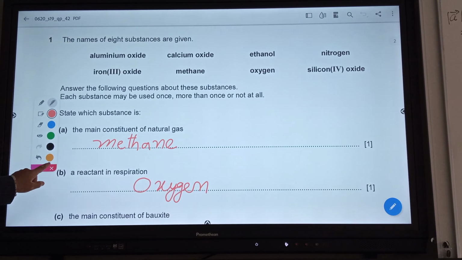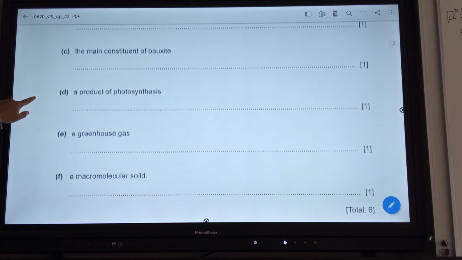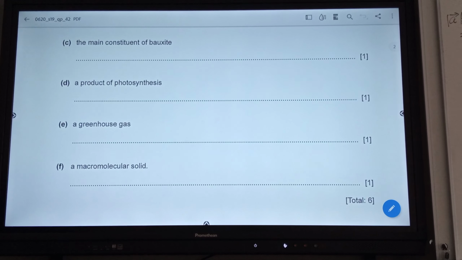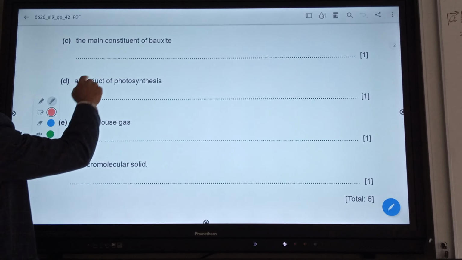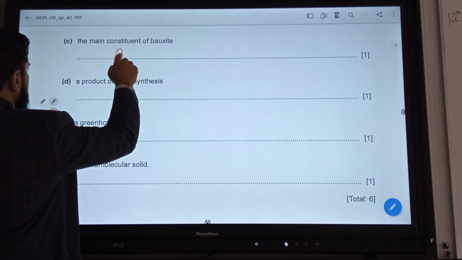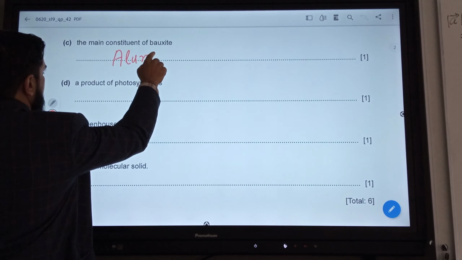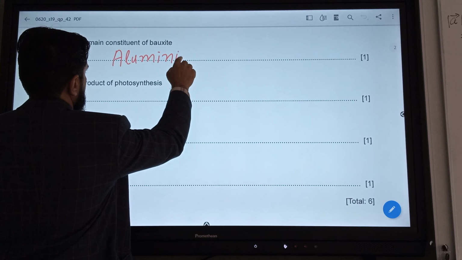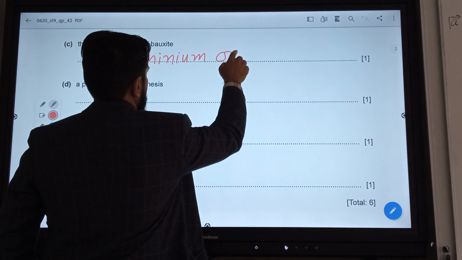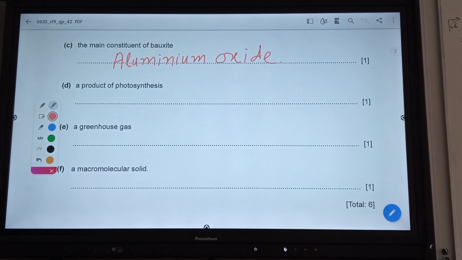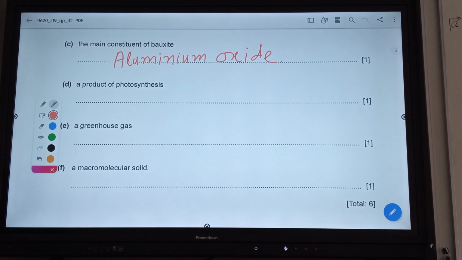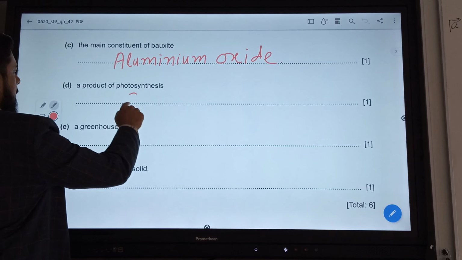Understood? Next, the main constituent of bauxite is aluminum oxide. In part D, the product of photosynthesis is again oxygen.